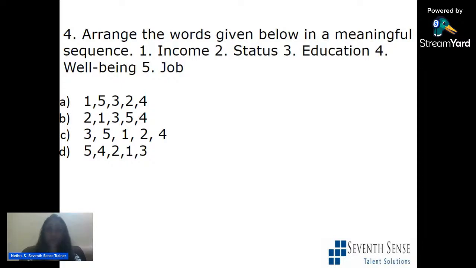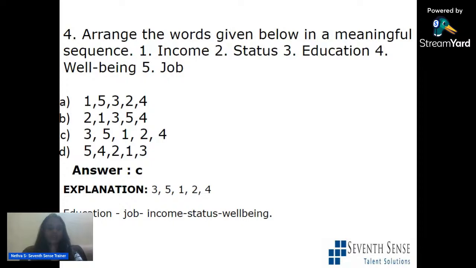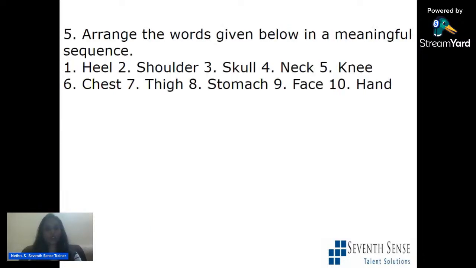So option C only will go then. 35124. That means first is education, followed by job, then income, then status, then well-being. So the correct option is option C, because we have to study first, we have to complete our education, then only we'll be getting the job, then only we can get the income, then we'll get the status, then there will be well-being, right? It's the logical sequence.